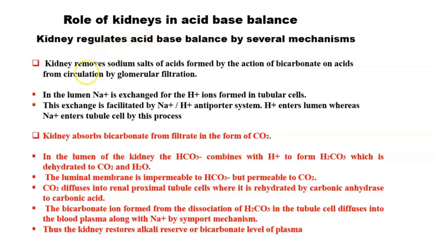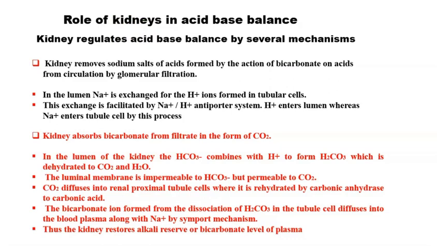You all know that one of the functional units of the kidney is what? The nephron. The nephron is made up of renal tubes, which are segments of the nephron.